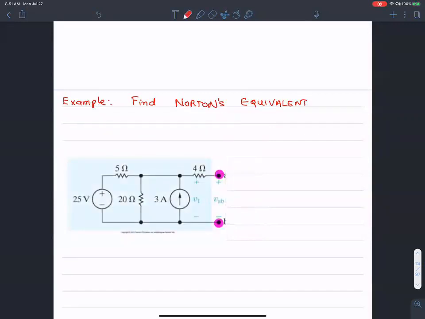So I want to find one current source, IN.